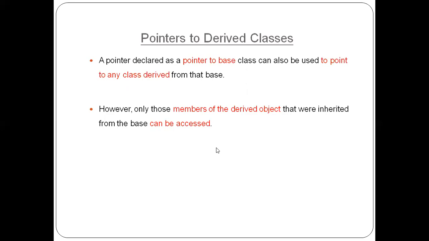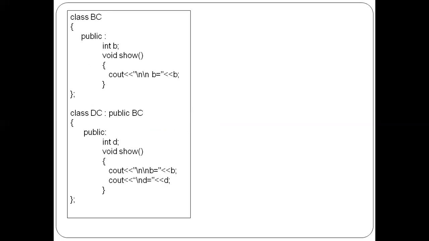However, only those members of the derived object that were inherited from the base class can be accessed. So with the help of that particular derived object, we are going to access only those variables which are inherited from that particular base class, because we are going to inherit all the properties that are available in the public scope. Okay, so this is our example. In this example, they have given class BC as a base class, and in that class, in the public scope, they have given one member variable and one member function.